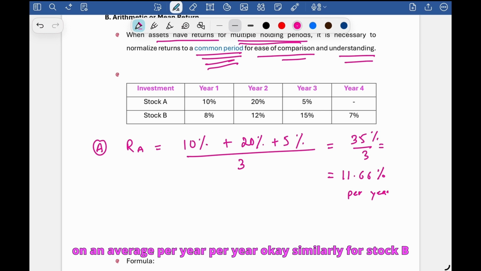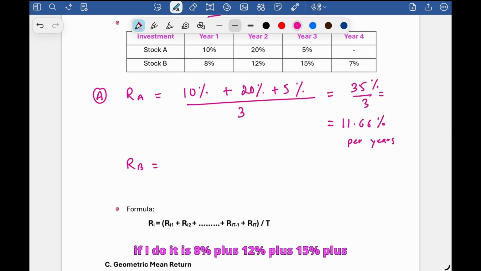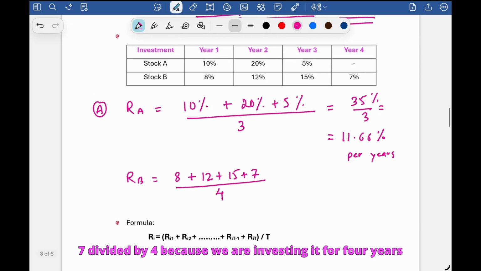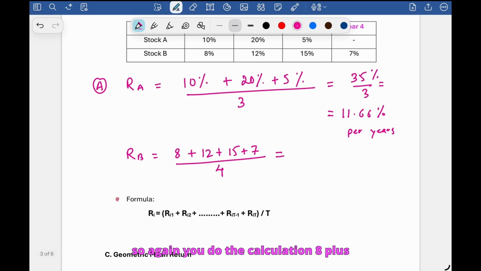Similarly for stock B, it is 8% plus 12% plus 15% plus 7 divided by 4, because we are investing for 4 years. So again, you do the calculation, 8 plus 12 plus 15 plus 7 divided by 4.